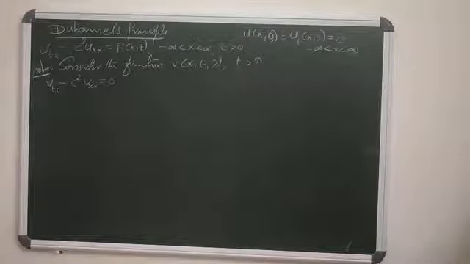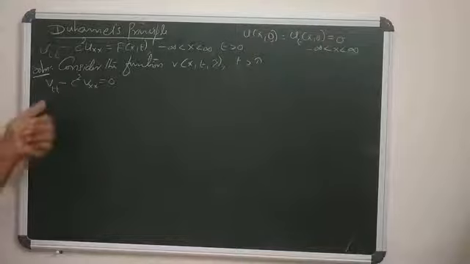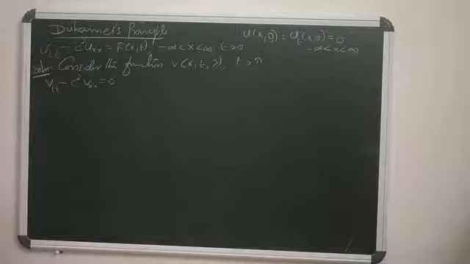So listen, Duhamel's problem deals with the solution of the non-homogeneous wave equation u_tt minus c square u_xx equals f of x. To find its solution, first we consider a function v(x,t,lambda), where t is greater than lambda, which satisfies the equation v_tt minus c square v_xx equals 0.